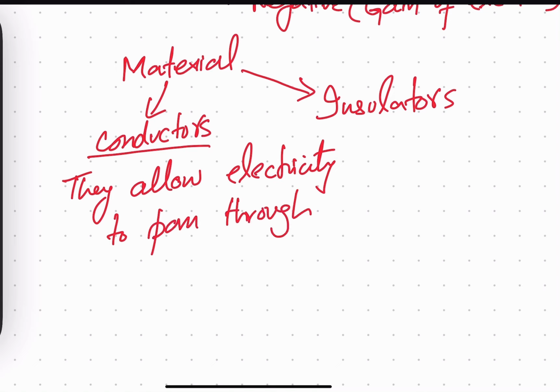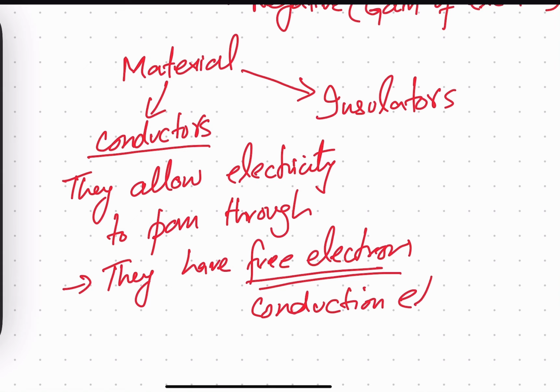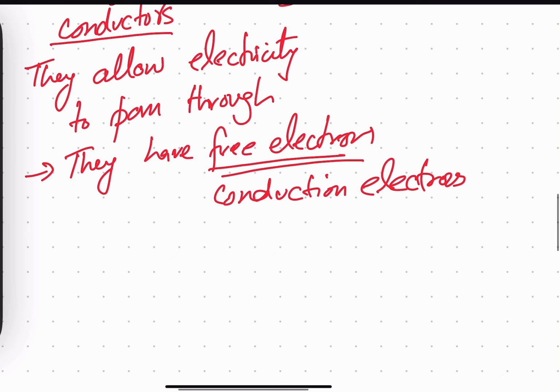Why do they allow it? Because they have free electrons. These free electrons are also called conduction electrons.